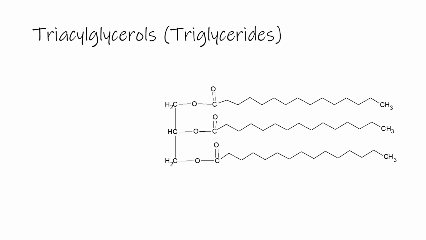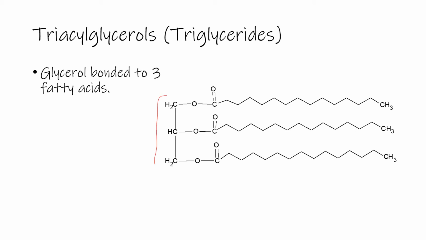And we'll get into how that does that in just a minute, but let's look right now at triacylglycerols or triglycerides, and these are what we know as fats and oils. These are a glycerol molecule bonded to 3 fatty acids. The 3 carbons that are listed here are from the glycerol, which has 3 hydroxyl groups.